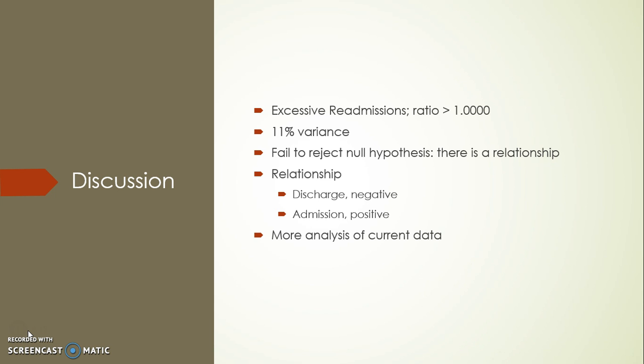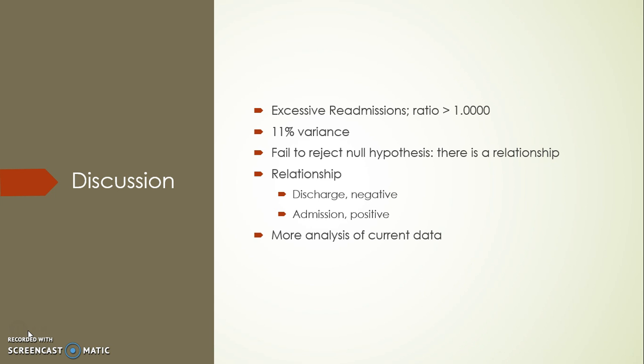Discussion. The average excess readmission ratio was 1.0027, which means there is an overall excess of readmissions because the average is greater than 1.000.